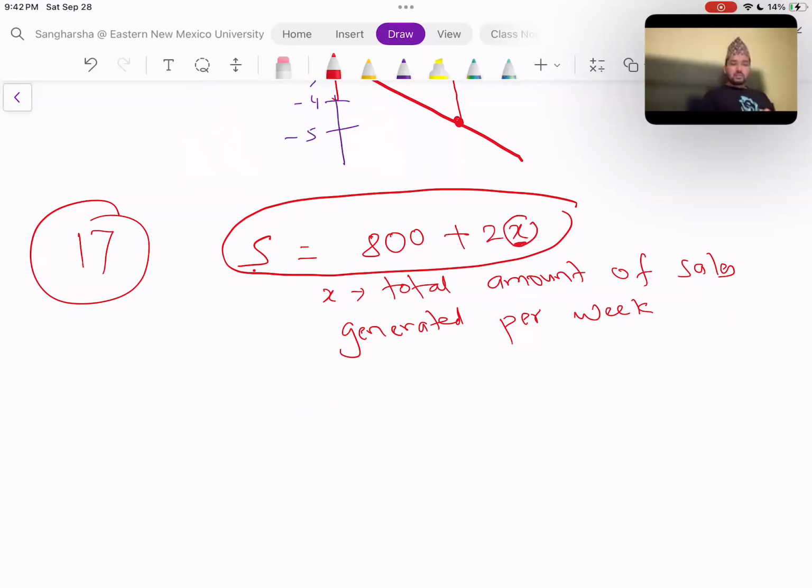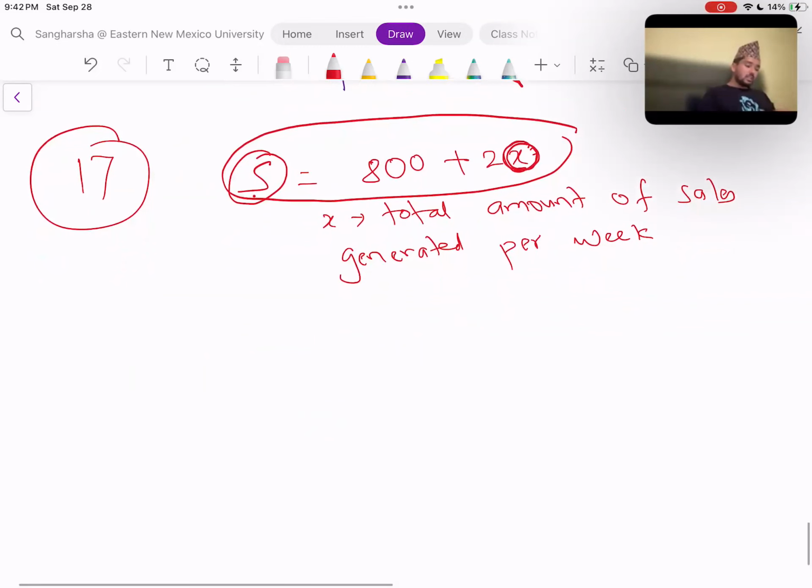So how much sales should be generated in order to earn a salary of $1,500? So our X represents the total amount of sales, S represents the earnings. So our S is given as $1,500, and we are asked to find X.